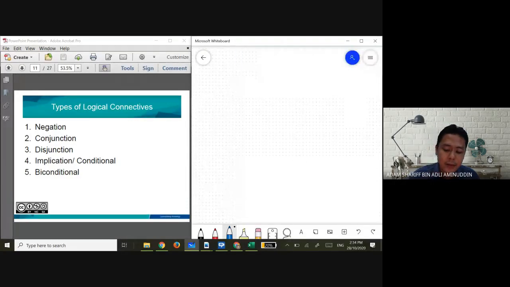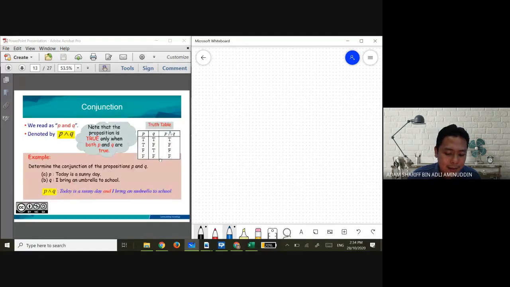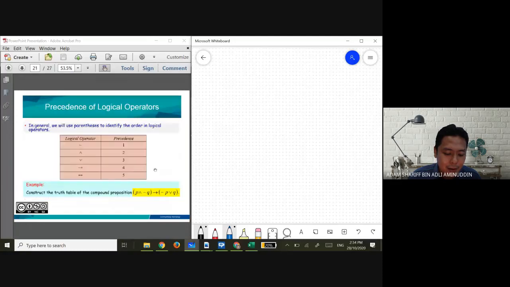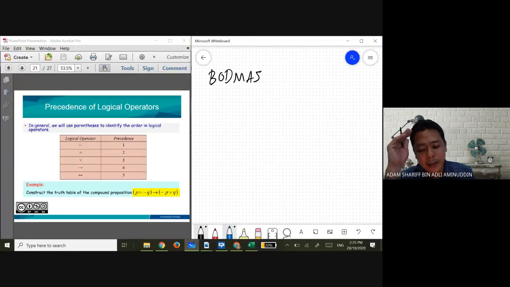Okay, this is not in the slide. Dia ada ke tak dalam slide? Saya pun tak ingat. Okay, this one. Precedence of logical operators. In arithmetic calculation, you have what we call BODMAS. Korang dah belajar dulu daripada sekolah rendah.